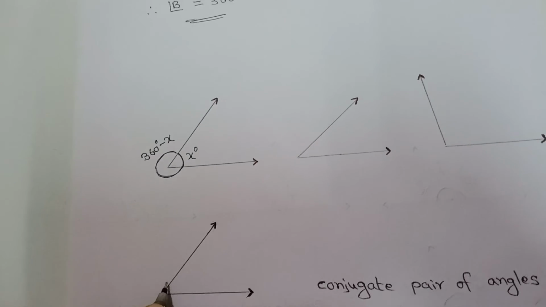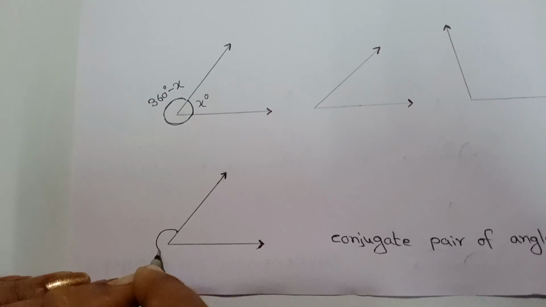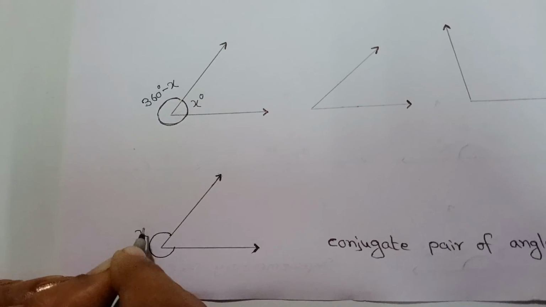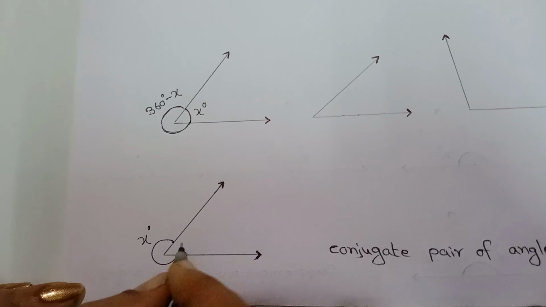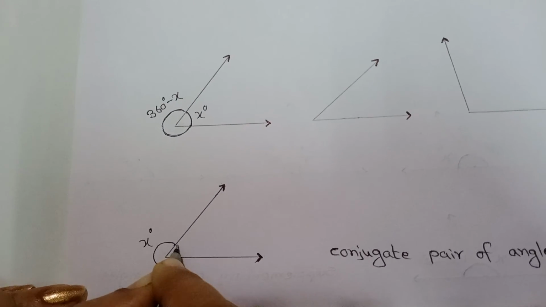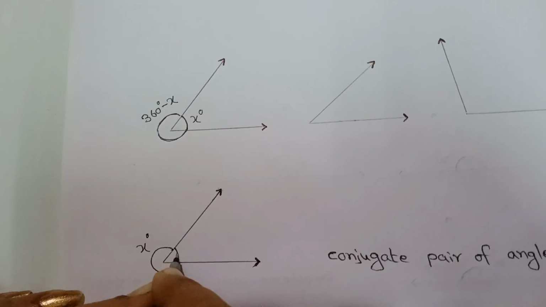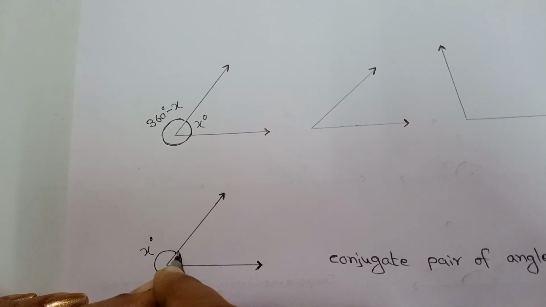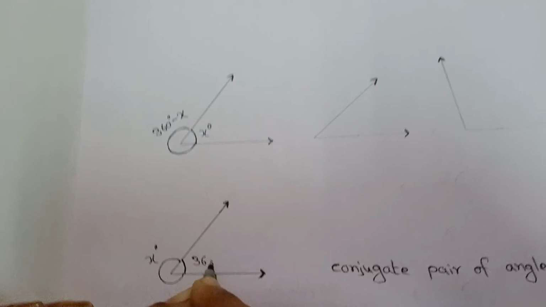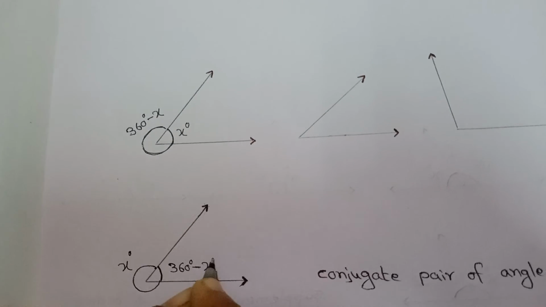Here we take this angle value is X. If X, then this angle will become 360 minus X. Okay.